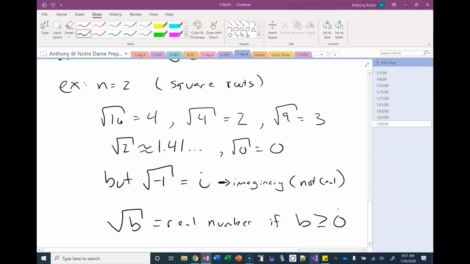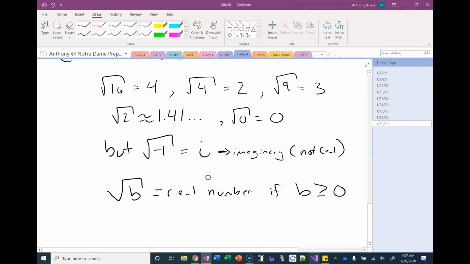If you have a positive number or 0, you can take the square root and it's all fine. If it's negative, though, we don't get real number results.